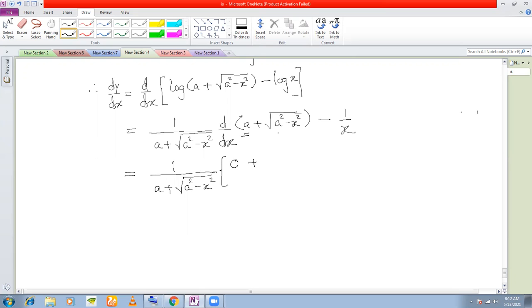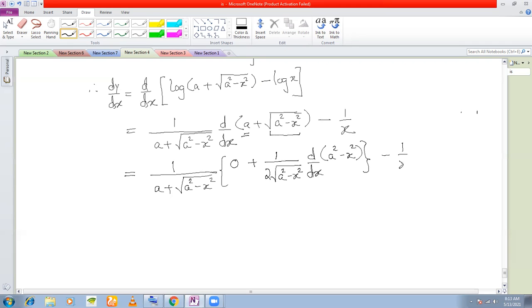Plus, yes. And what is the ddx of this? First you differentiate the radical, right? What do you get? 1 by 2 root a square minus x square into the ddx of a square minus x square, the term inside the radical, minus, isn't it? Yes, sir. Okay.